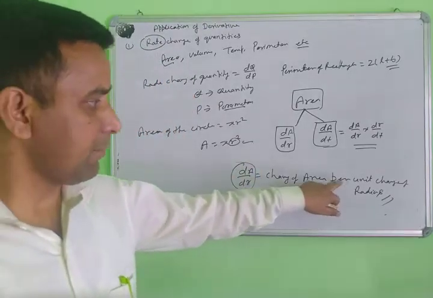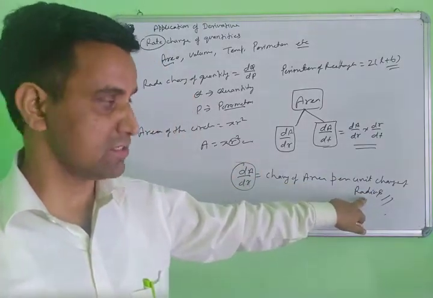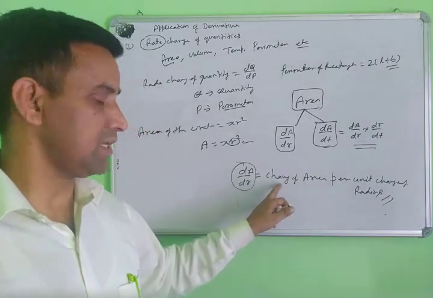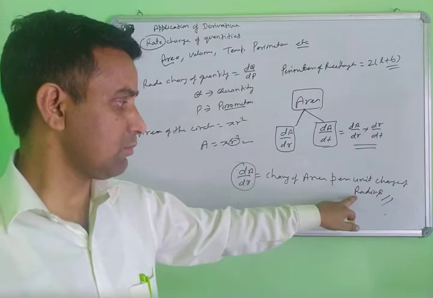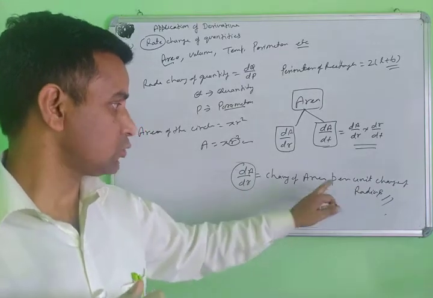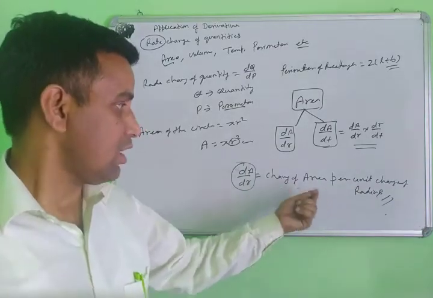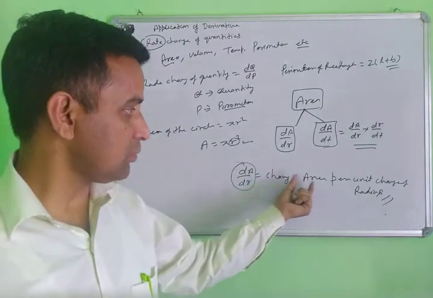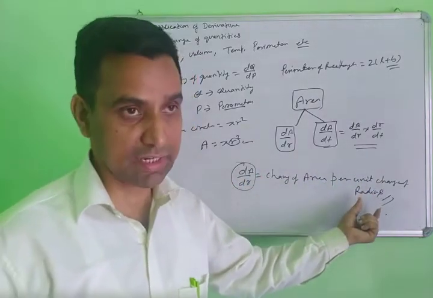Change of the area per unit change of the radius. This is called dA over dr. It means for 1 unit change of the radius, how much is the change of the area? Suppose 1 unit; if 2 unit or 3 unit, you multiply and get the answer. But this is the meaning of dA over dr: change of the area per unit change of the radius.